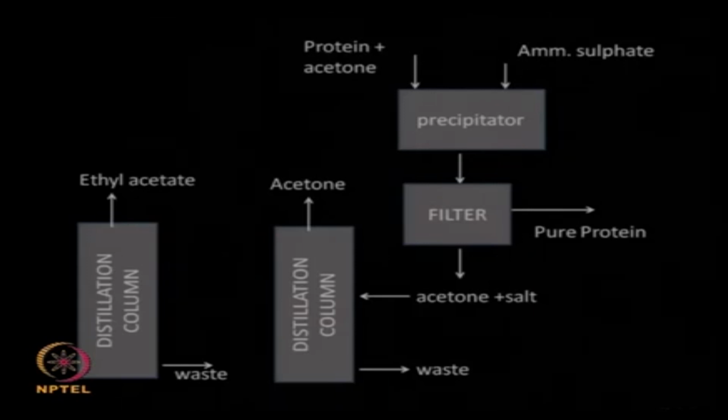That depends upon the physicochemical properties of the protein which you are recovering, the stability of the protein, presence of impurities or presence of other toxins or inhibitors, and so on, also viscosity, density of the proteins and so on.